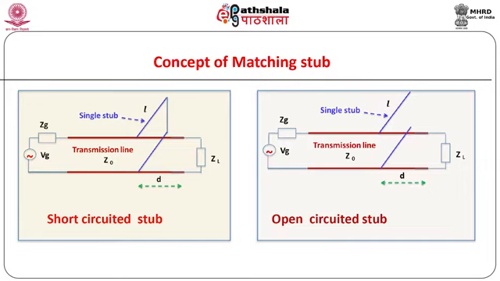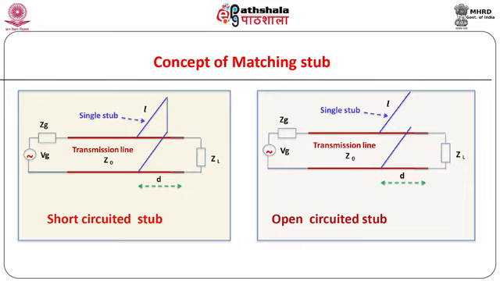However, short circuited stub is preferred because practically it is easier to achieve a reliable perfect short circuit rather than a perfect open circuit. Thus, a short circuited stub of proper length L connected at proper distance d serves the purpose of a perfect match.